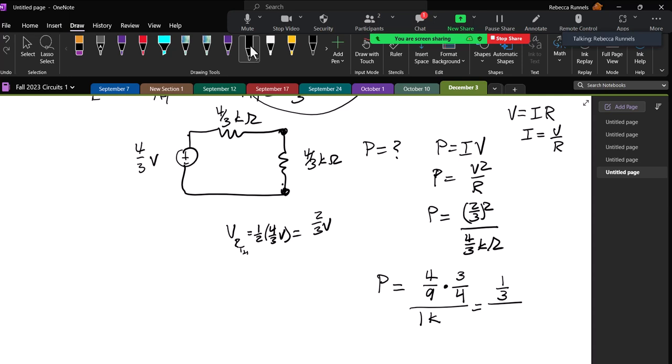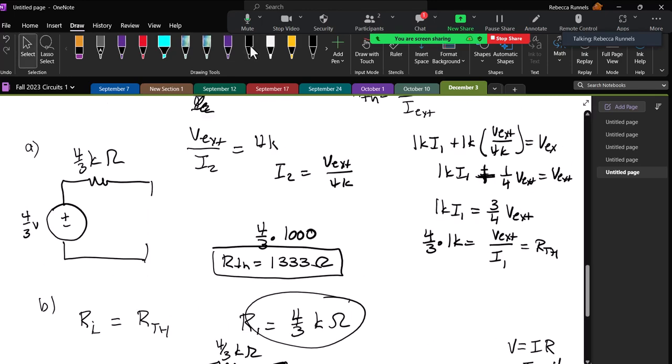Where did I do my power? One-third volt. Did I have the wrong V Thevenin?